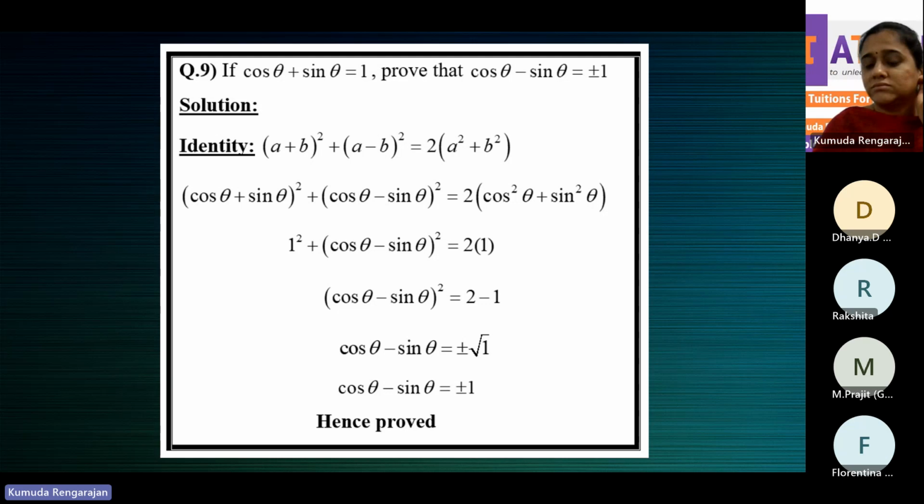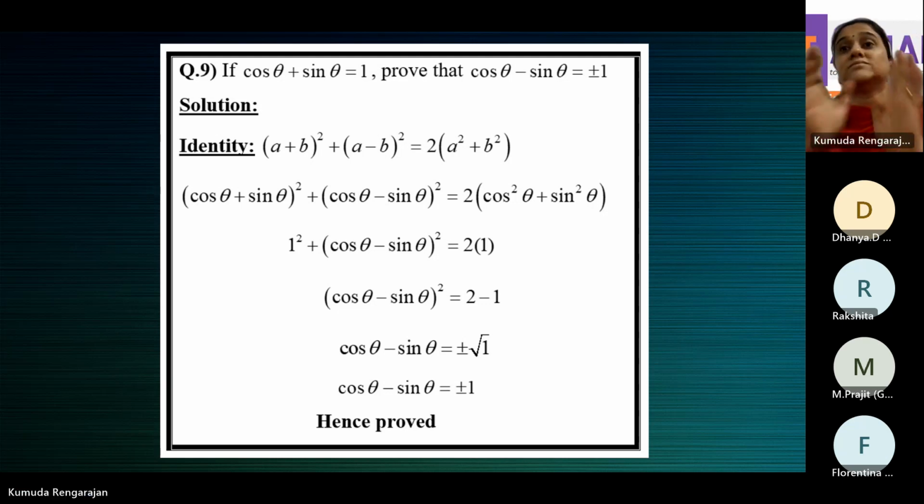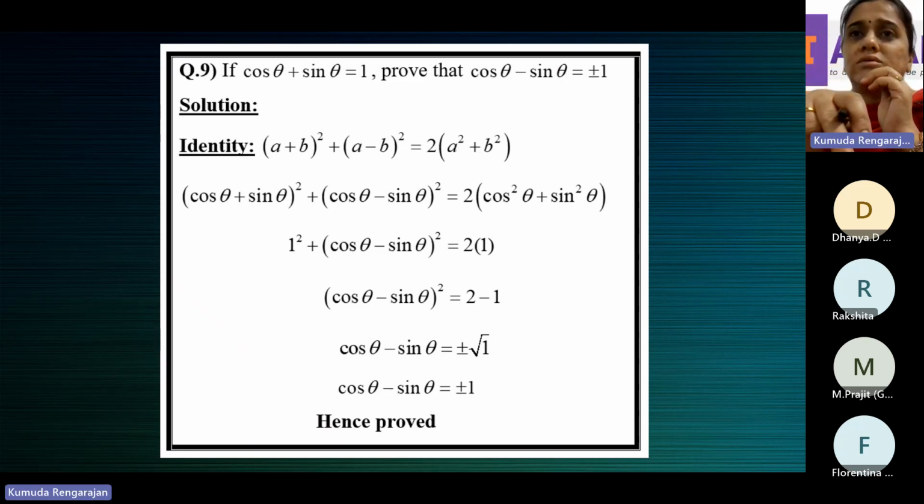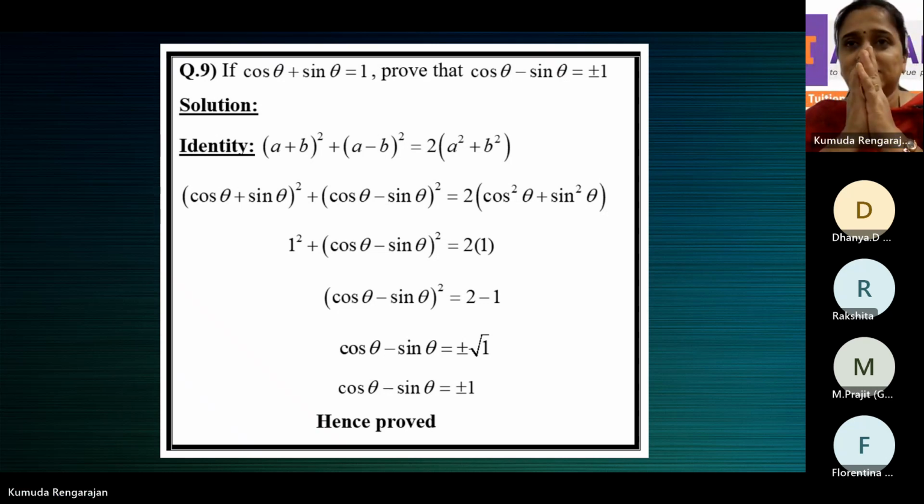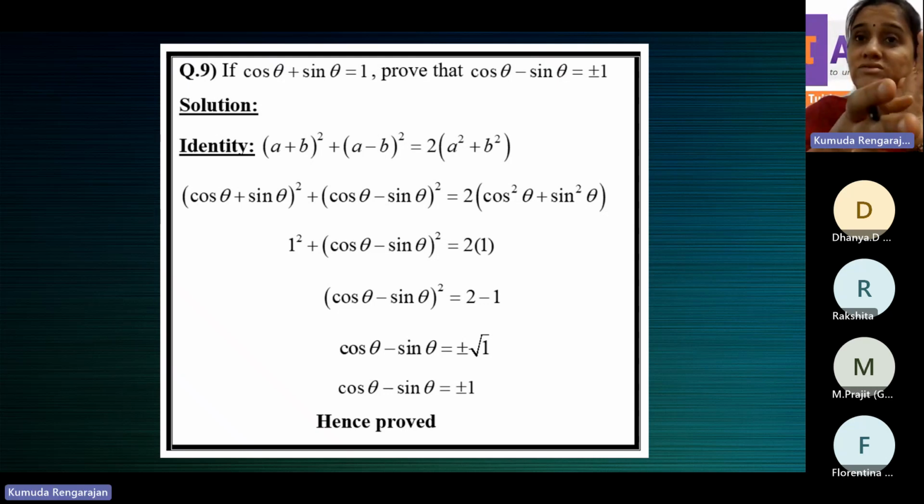Right, Anchalan? After substituting, what did you do? Which means you expanded cos theta minus sin theta the whole square, is it?